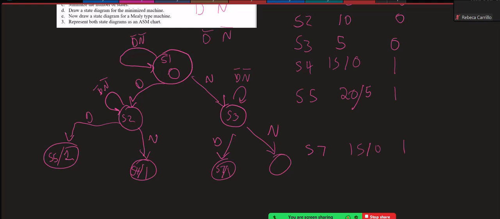The arrow says I got a nickel, and then from that one I got a dime, and then it says it's S7, so in S7 I've got 15 cents. And then from having a nickel, I get another nickel, and I'm going to call that one S6. That gives me 10 with an output of 0.